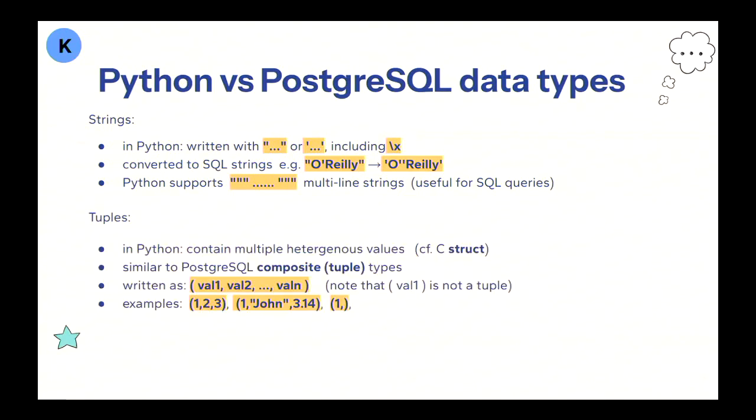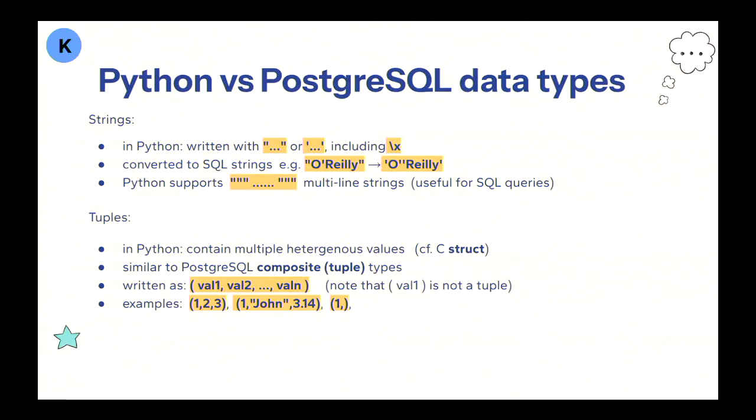And for tuples in Python, tuples can contain multiple values of different types. It is similar to a composite tuple in Postgres. A tuple is written as parentheses and a list of values.